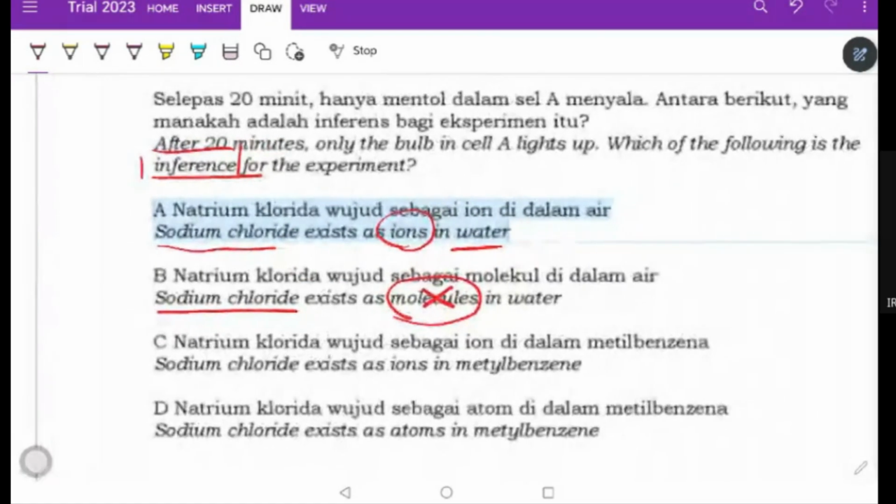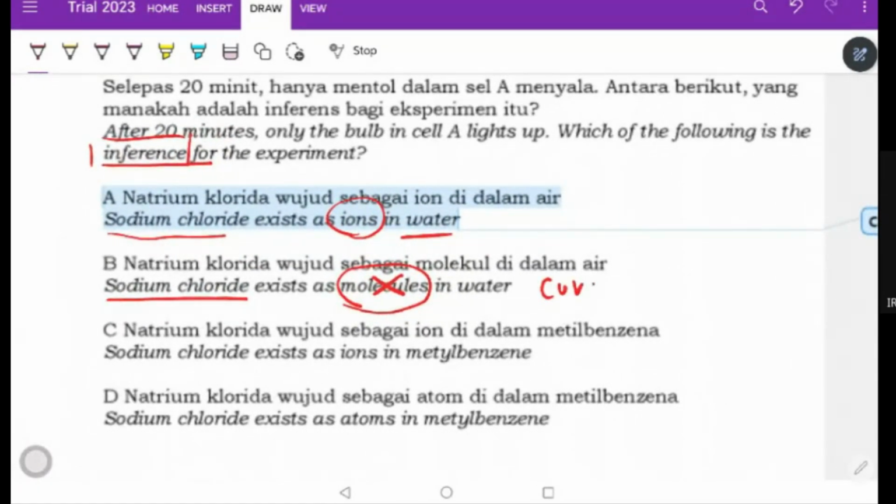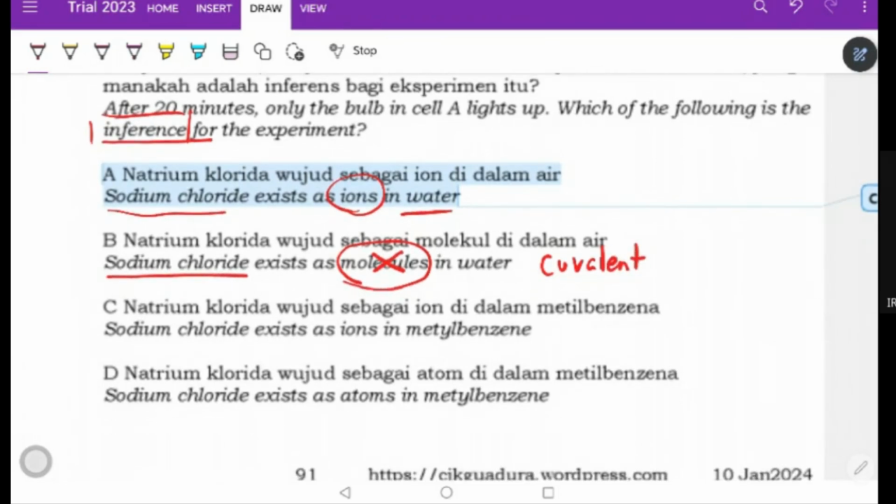Okay, so remember, covalent has molecules. So does sodium chloride exist as ions in methylbenzene? No. Okay. It has ions, but they cannot move freely. So it cannot ionize. So it exists as ions in a fixed position. Okay. It is not a molecule.